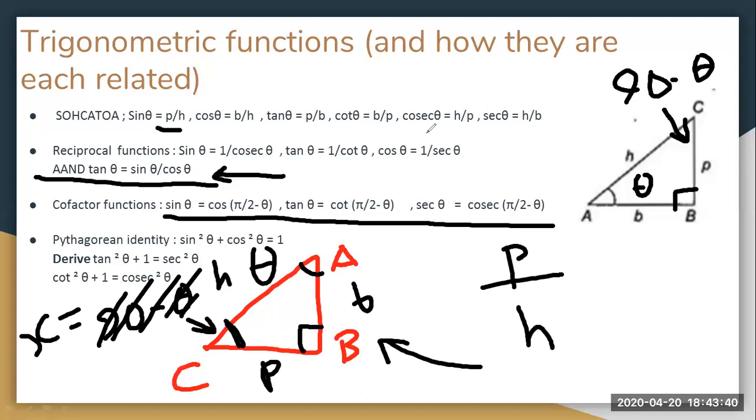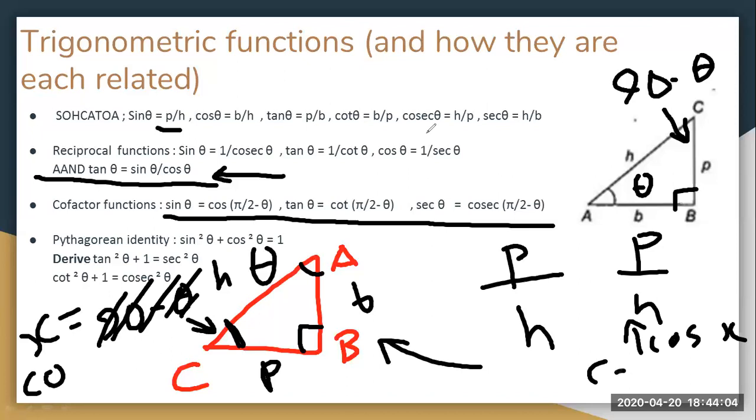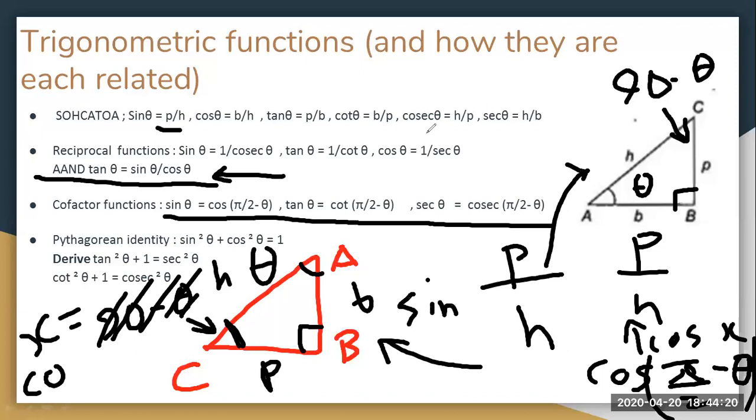P over H. Yeah, this is P over H. Now let's remember it back. This was the cosine x value, and I did a bit of substitution to help you understand. Now we substitute x back: x is pi by 2 minus theta, and from the same triangle this was sine theta, and hence we have shown that these two things are the same.